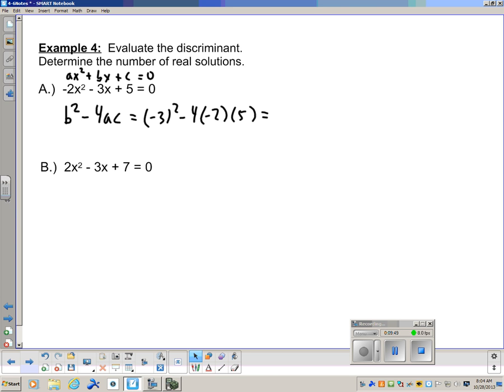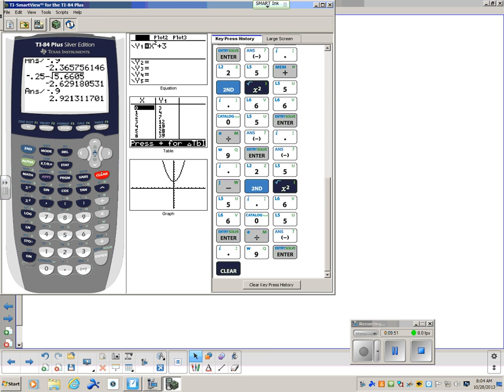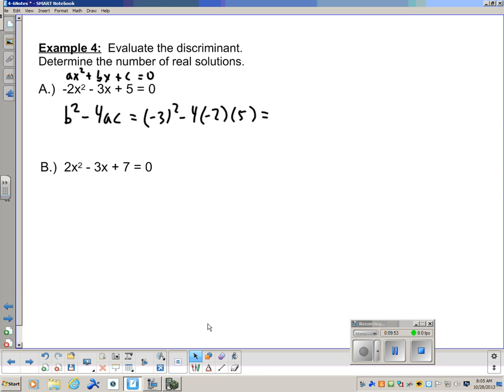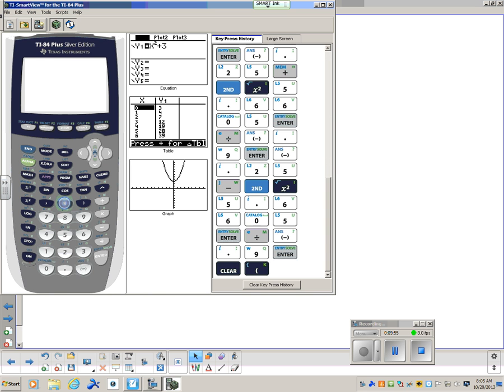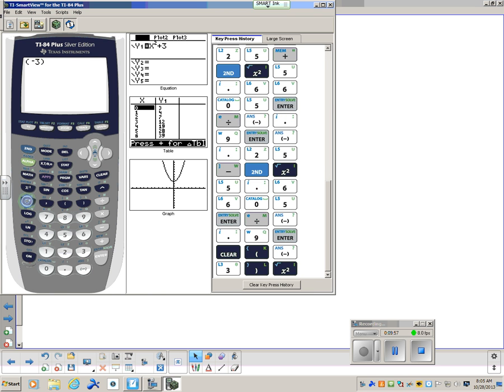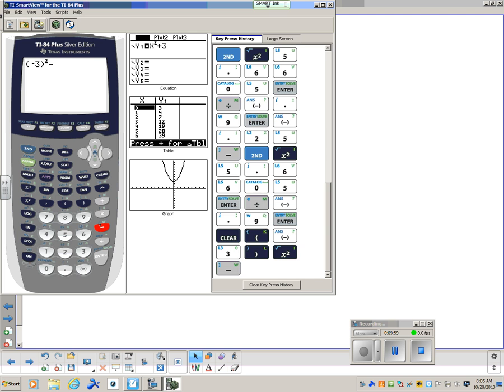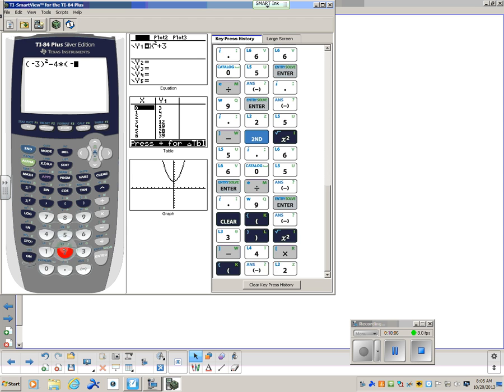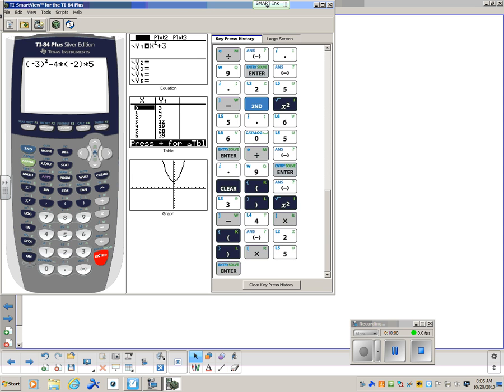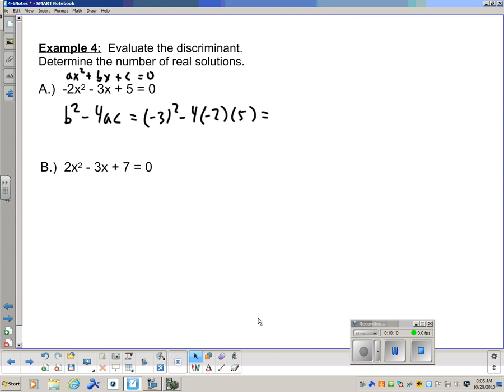Again, if you want, you can just plug it right into your calculator. So I can go negative 3 squared minus 4 times negative 2 times 5, and I get 49.